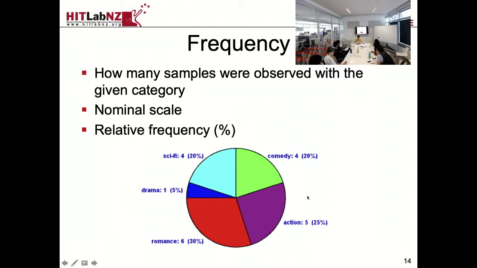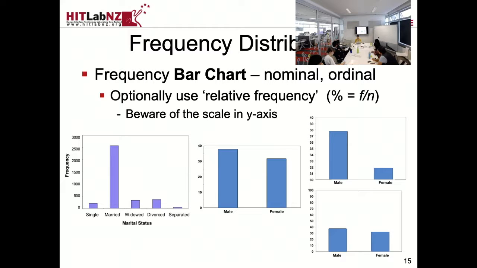Maybe we could use an integer number like 4, 5, 6, 1, 4, or we could use a relative frequency with a percentage: 20%, 25%, 30%, 5%, and 20%. So we could represent the nominal scale with this pie chart, and the other way is using the bar chart.